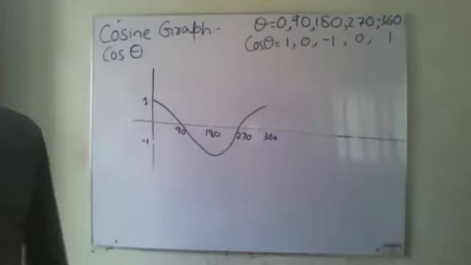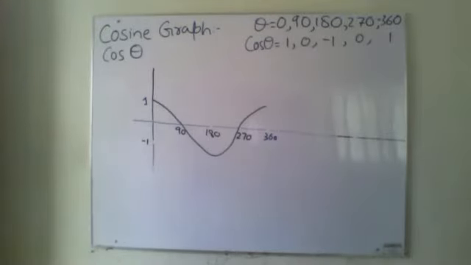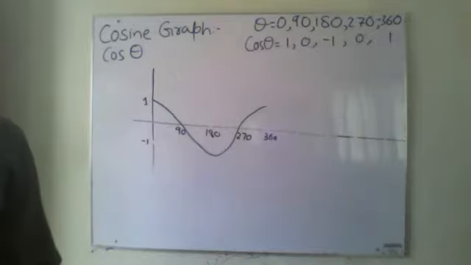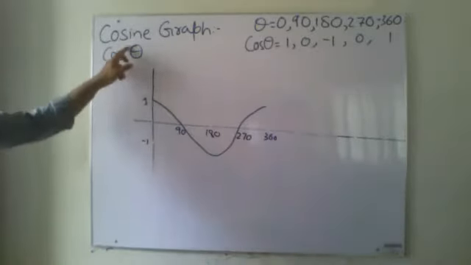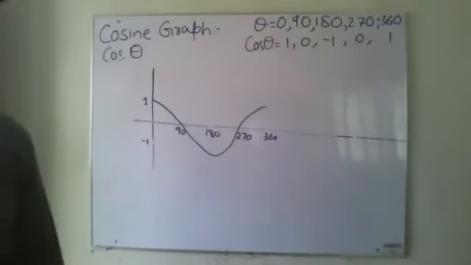Values are written. Now we are going to talk about change of cycle. Originally from 0 to 360 degrees, it is always one cycle. If it is one cycle, nothing will be written with your angle, and if nothing is written, it means it is one.